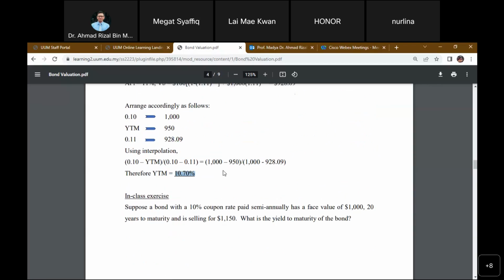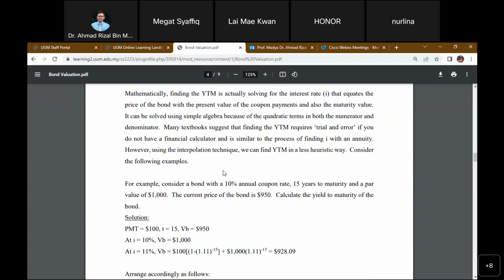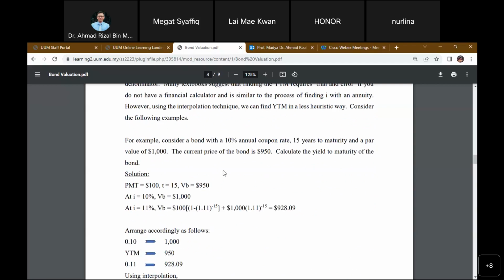Because later you will face situations where somebody does not keep the bond until maturity, or somebody comes in later and does not purchase it at the beginning at 950. Maybe 2 years down the road, or 3 years down the road, the bond exchanges hands, and somebody buys the bond from you at a different price. Let's say 3 years after the bond has been issued, it is sold to another investor at a certain price.